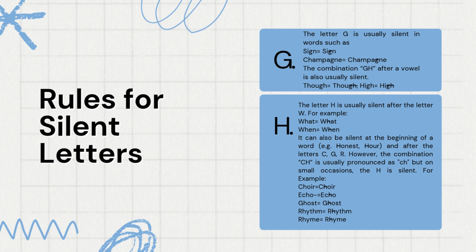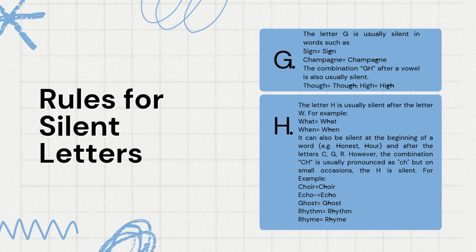For example, honest, hour. And after the letters C, G, R. However, the combination CH is usually pronounced sh, but on small occasions, the H is silent.